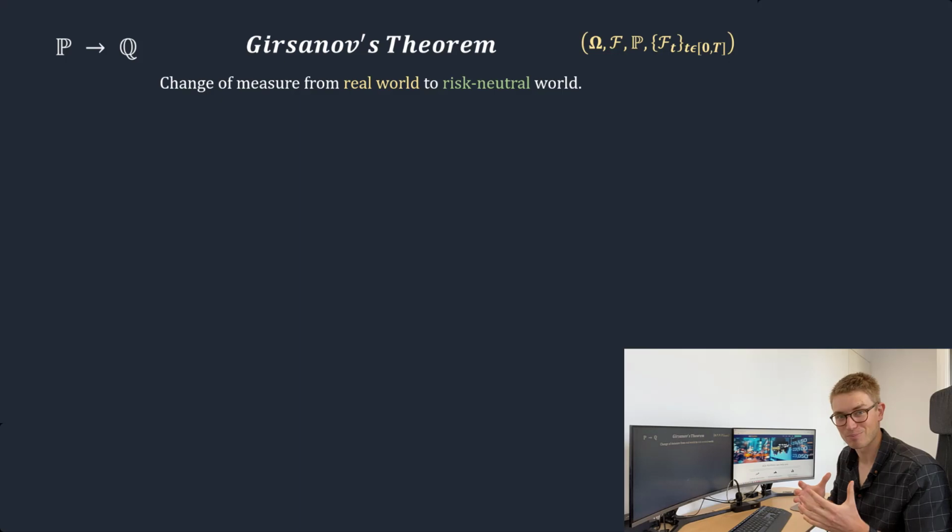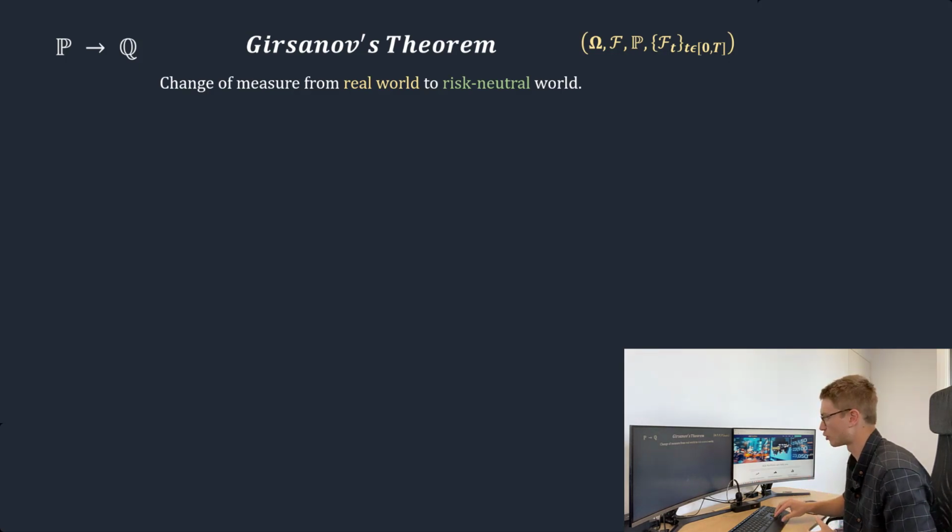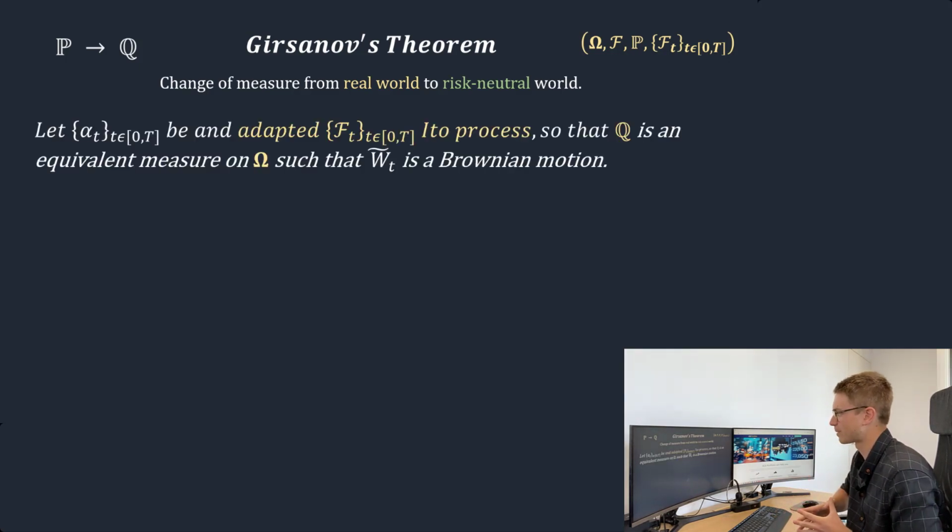Now we get into the most important theorem in risk-neutral pricing, and that is Girsanov's theorem. So the change of measure from a real-world probability P to a risk-neutral world Q that we need to value our derivatives in. I'm going to put this in the perspective of the top right-hand corner. We've got an outcome space, a filtration, and an adapted process of our random variable, and we're in the physical probability space.